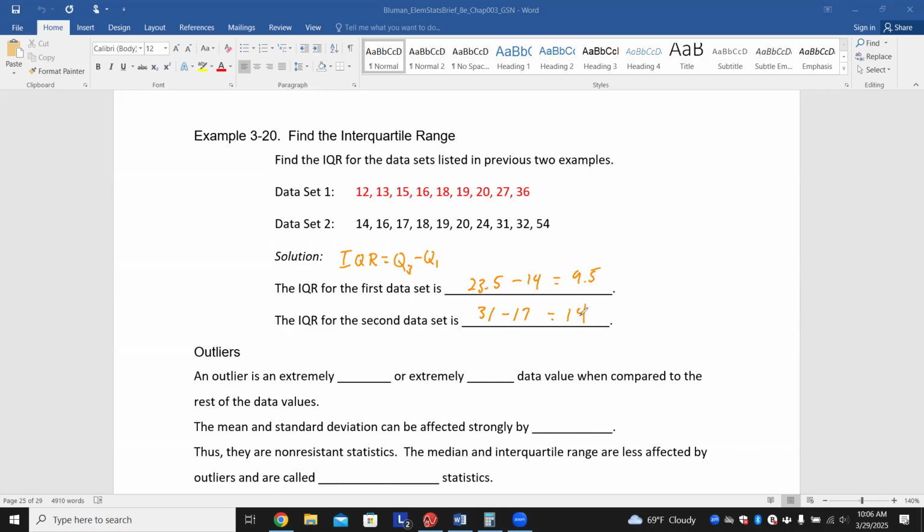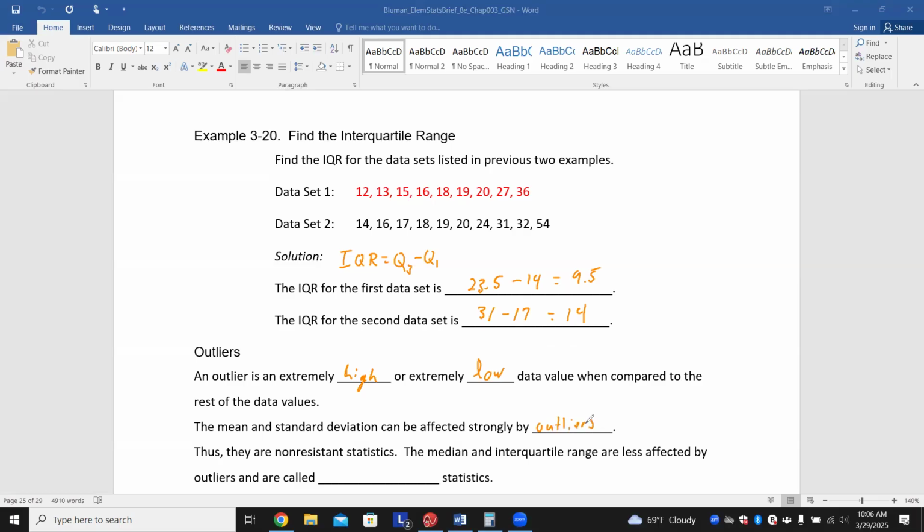All right, so we've been talking about this word outliers quite a bit in this chapter so far, so let's finally give it a definition. So an outlier is an extremely high or extremely low data value when compared to the rest of the data values. The mean and the standard deviation can be affected strongly by outliers.